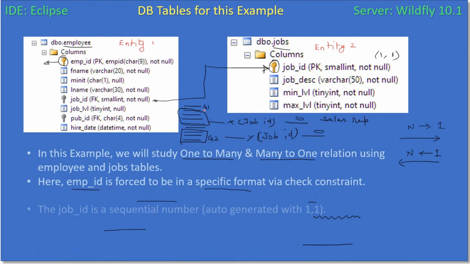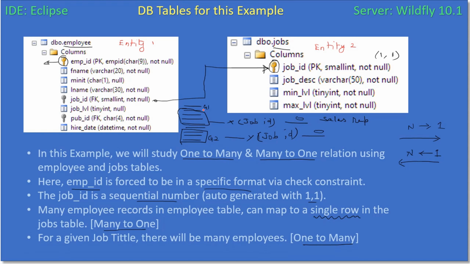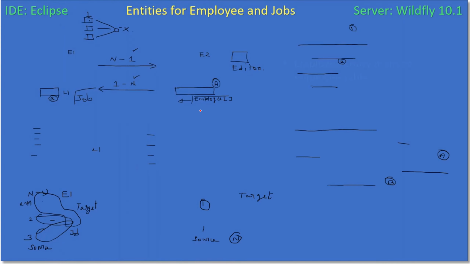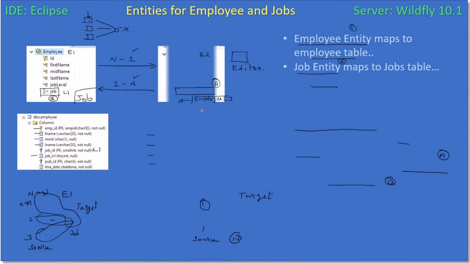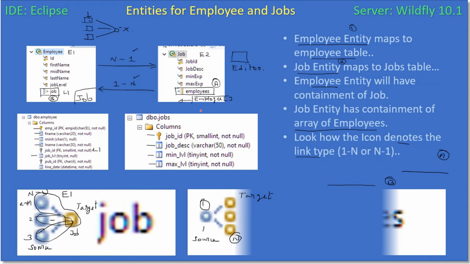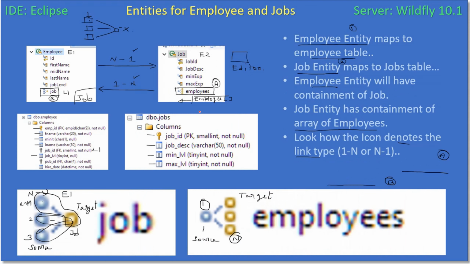So in the first part, we learned about the pub schema database tables, employee and jobs. Then we created entities for both these tables. Then we marked the entities with one-to-many and many-to-one annotations.